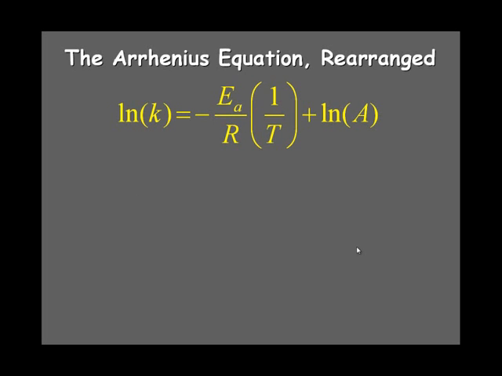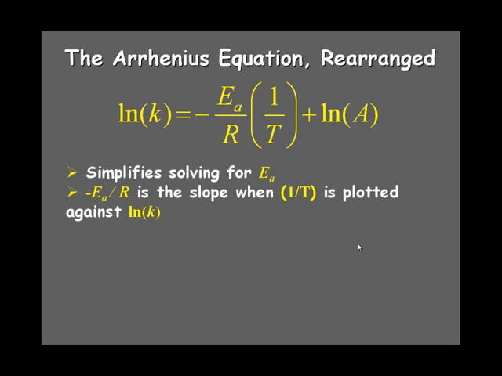Now, if we rearrange the Arrhenius equation, we can turn it into a form, again, y equals mx plus b. We can simplify and solve for Ea there. The negative Ea, which is the activation energy, over the gas law constant, then is the slope when the reciprocal of the temperature is plotted against the natural log of k.